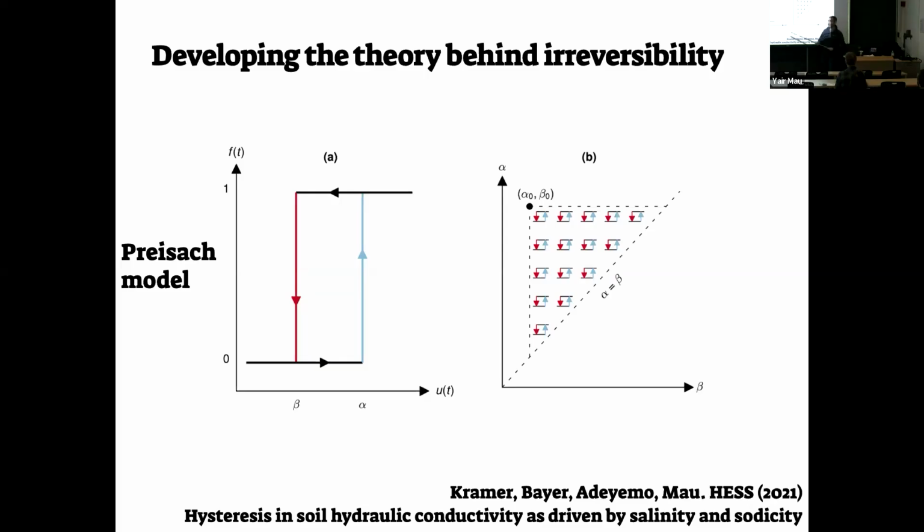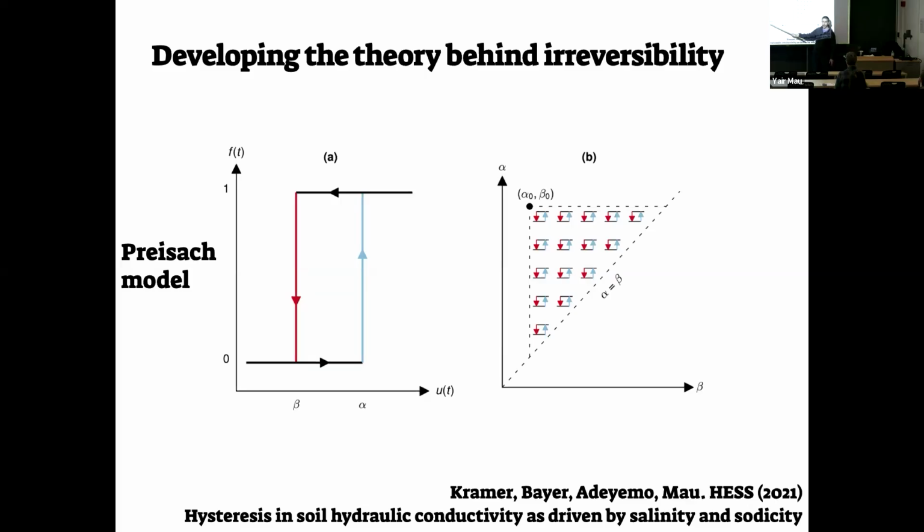The basic idea is that we have something like a toggle switch. This is called a hysteron. We have two thresholds, alpha and beta. Let's say this axis is low hydraulic conductivity and high hydraulic conductivity, and this other axis, you can think of as the concentration of salt. If we start from high hydraulic conductivity and you decrease the concentration, then you go down here.